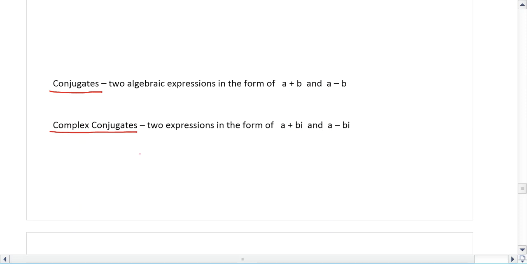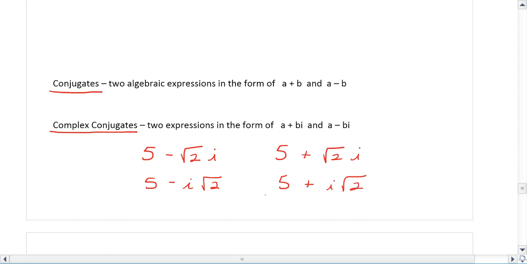What if we're asked the conjugate of 5 minus square root 2 times i? Then the conjugate of that would be 5 plus the square root of 2 times i. And I had told you that usually we write the i in front of the radical, so I should learn to be consistent and do that. Anyway, just reviewing what conjugates are.